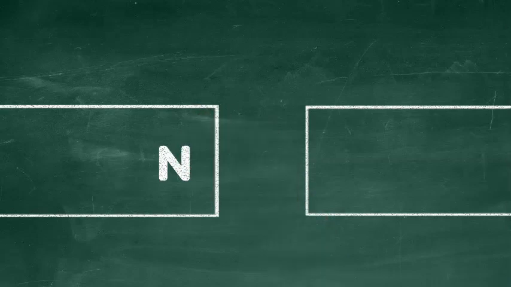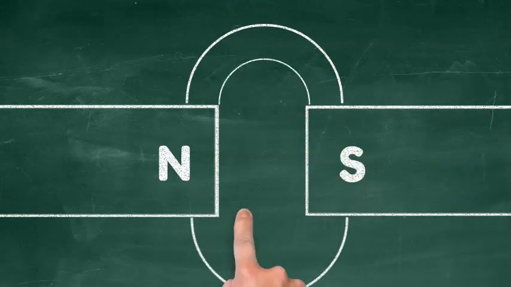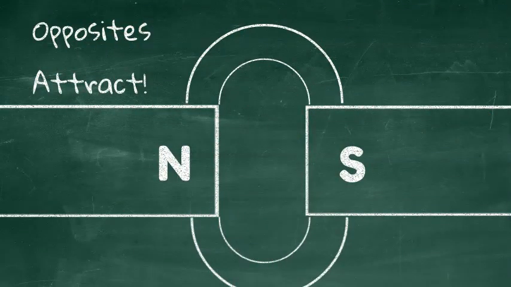Okay, if we have a North Pole and a South Pole that are facing each other, they're going to attract each other because opposites attract.